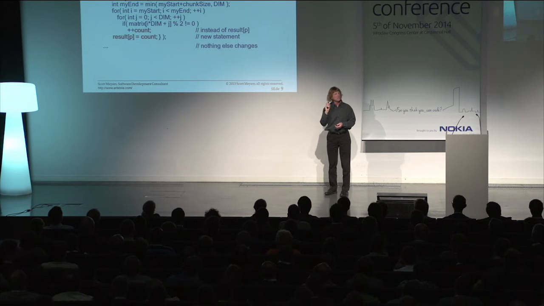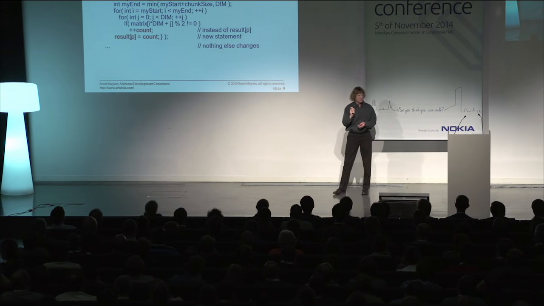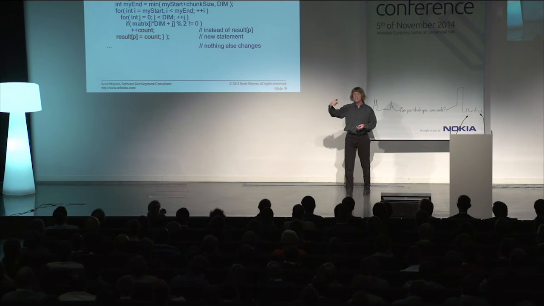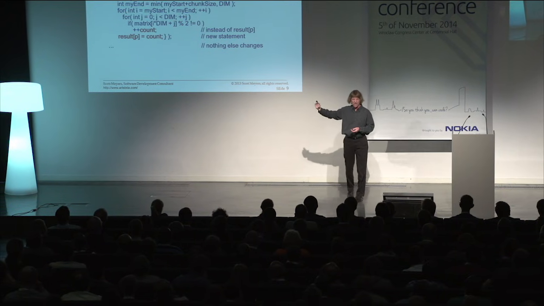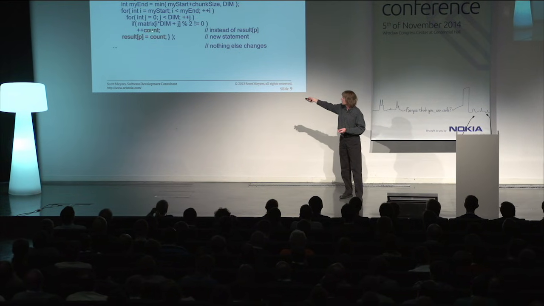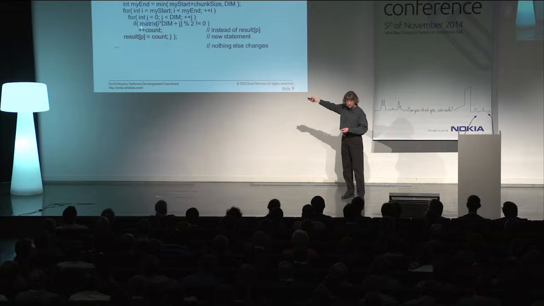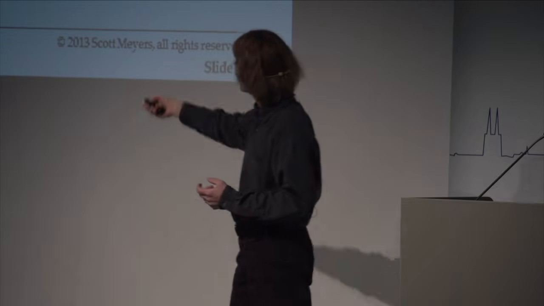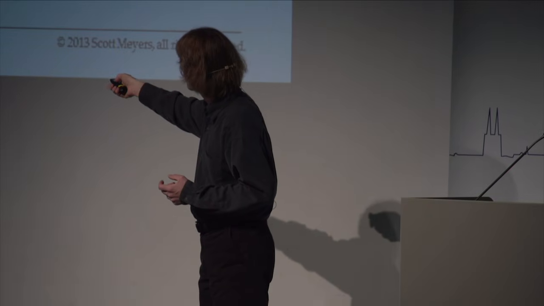And then when it finds an odd number in the matrix, instead of incrementing its array element inside result, we're going to increment its local counter. And then, after it has counted everything in its strip, we will take the local counter and we will assign it to the array element.